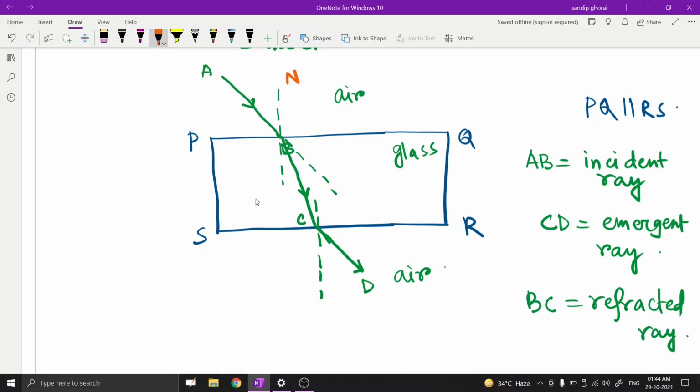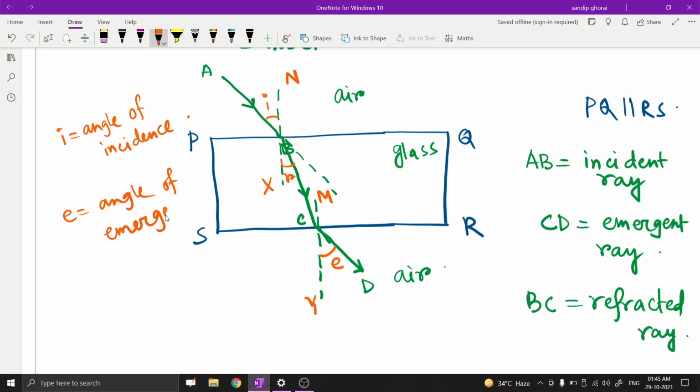For this case, if we name the points, this is N, this is X, this is M, this is Y, and here this is your angle of incidence. I is the angle of incidence, and here this angle is R, the angle of refraction, and this angle is E, the angle of emergence.